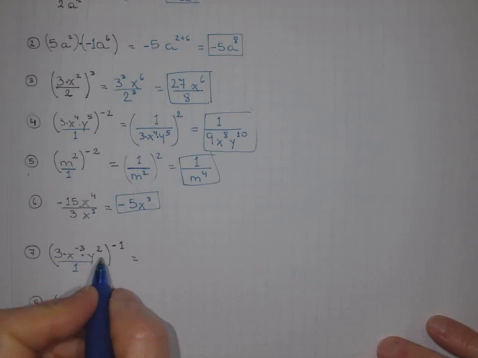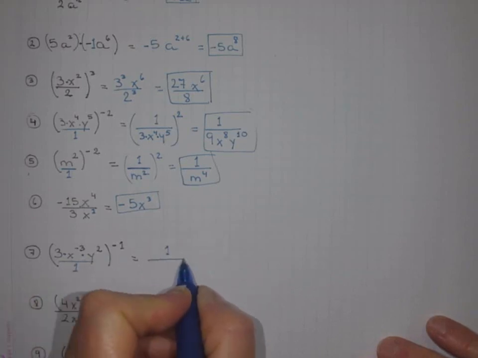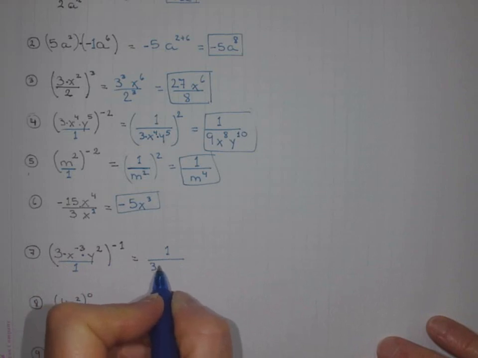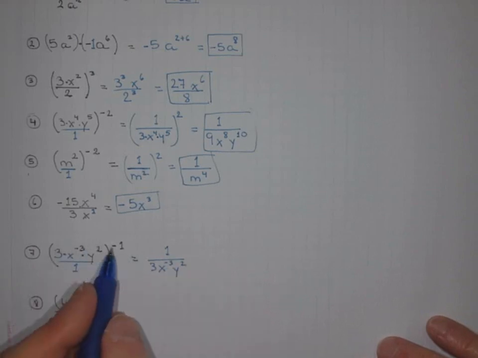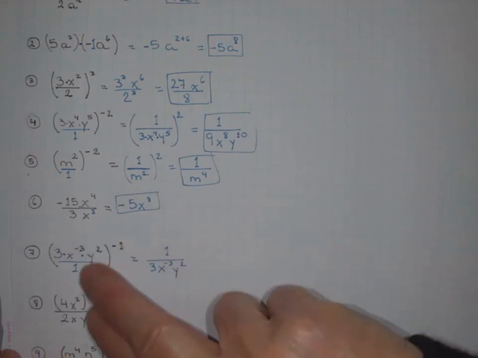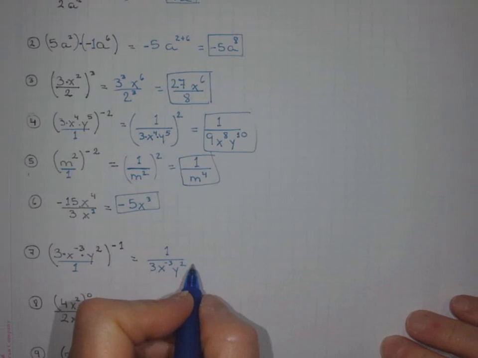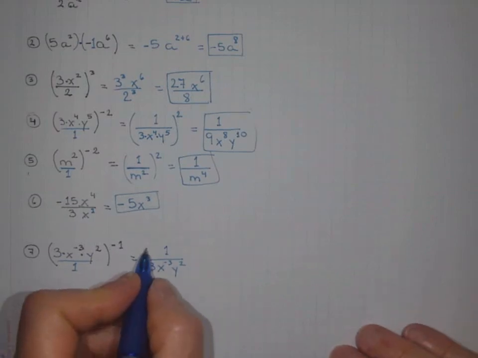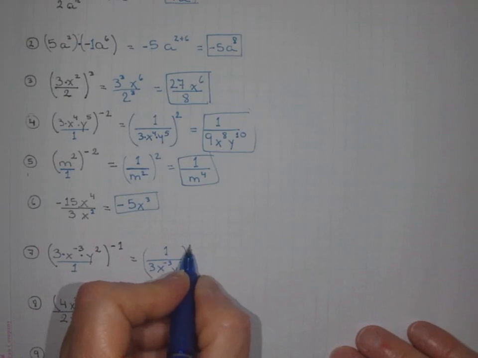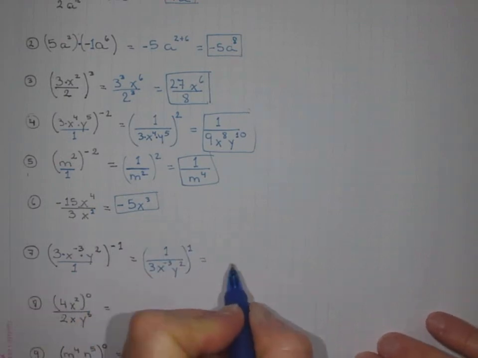So that will take care of that negative. So I have a 1 over 3 x to the negative 3 y to the second, right? So I just take what I have, the way I have it, and flip it. And then that negative becomes positive, and now it's just all to the first power, so I don't need to write it, right? Anything to the first power is just itself, right? So that's not changing anything.